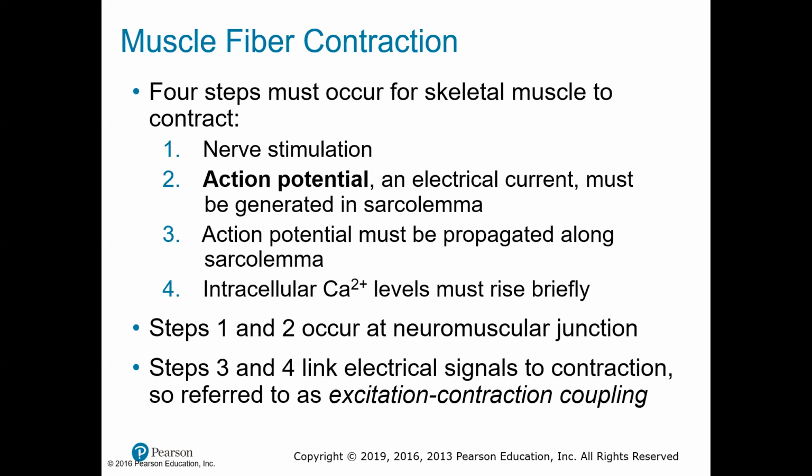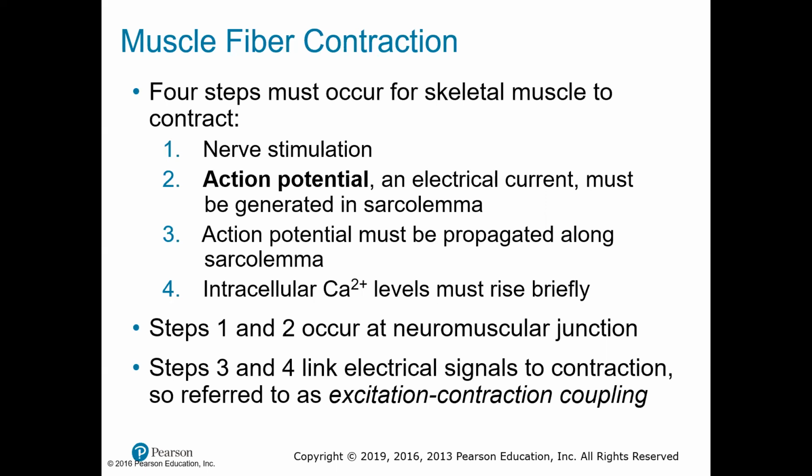The reason that we have an action potential in the muscle cell is so that action potential, that electrical charge, will open up the terminal cisterns on either end of the sarcoplasmic reticulum surrounding every sarcomere and cause calcium to flood out into the sarcoplasm, into the cytoplasm of the muscle cell. Because calcium is key here. So these are the four things that have to happen to trigger the muscle cell to contract.